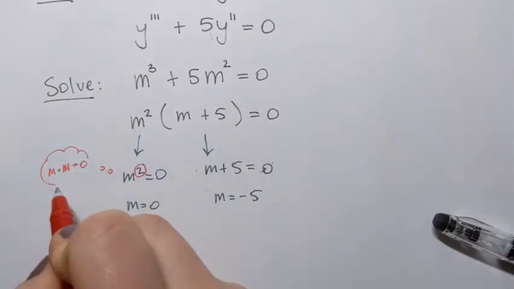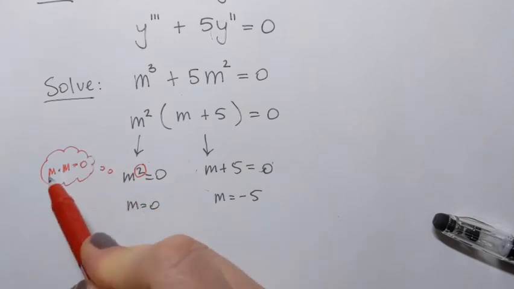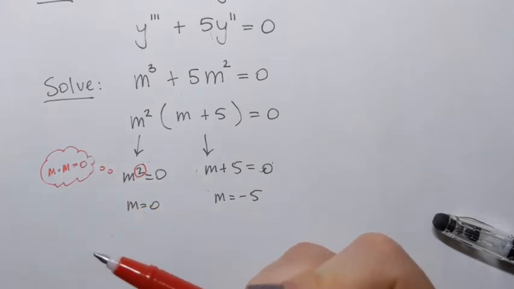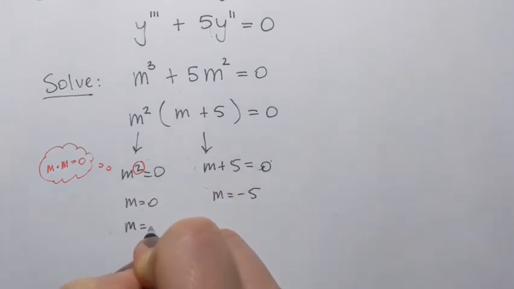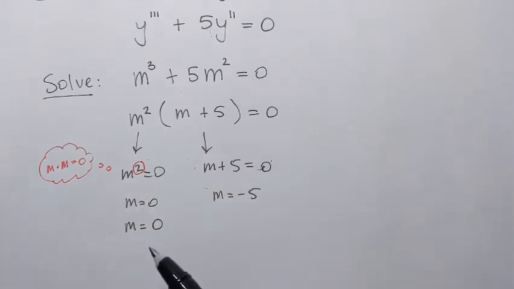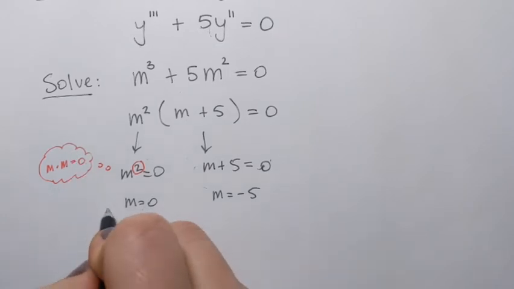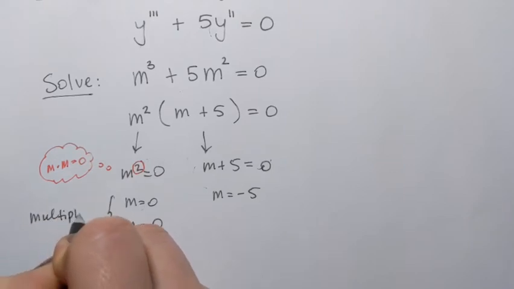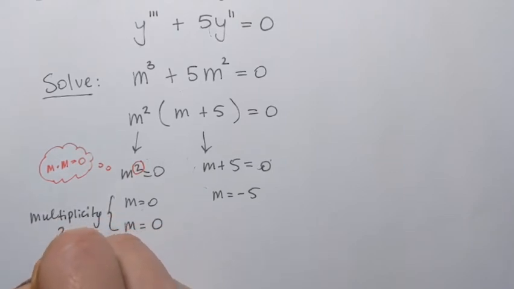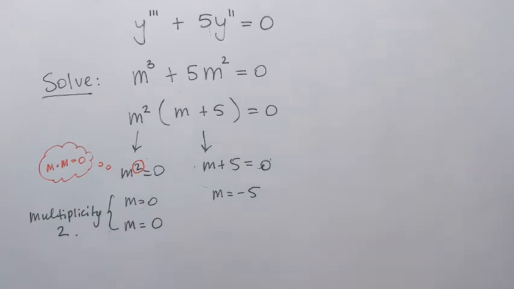I can split it up this way, and then after setting each m equals 0, I'll see how there are actually 2 of them. So we say m equals 0 is a solution, but its multiplicity is 2, so it happens twice. And m equals -5, so we found 3 of them.